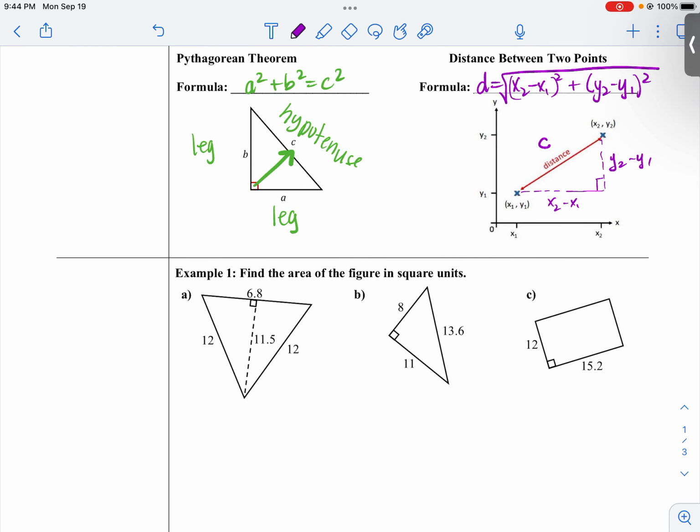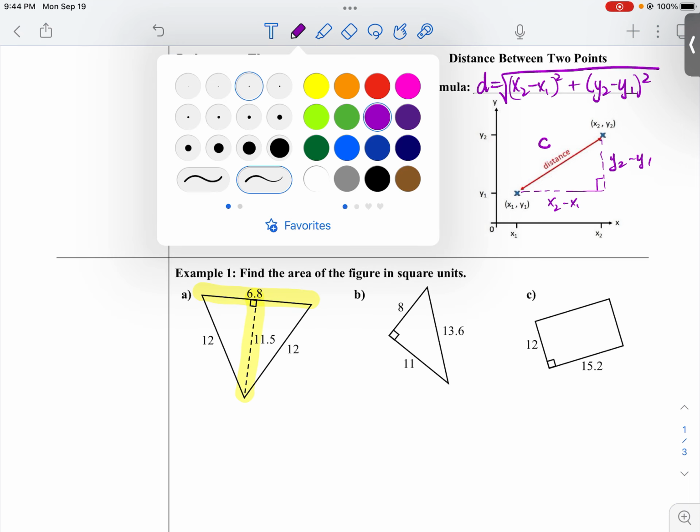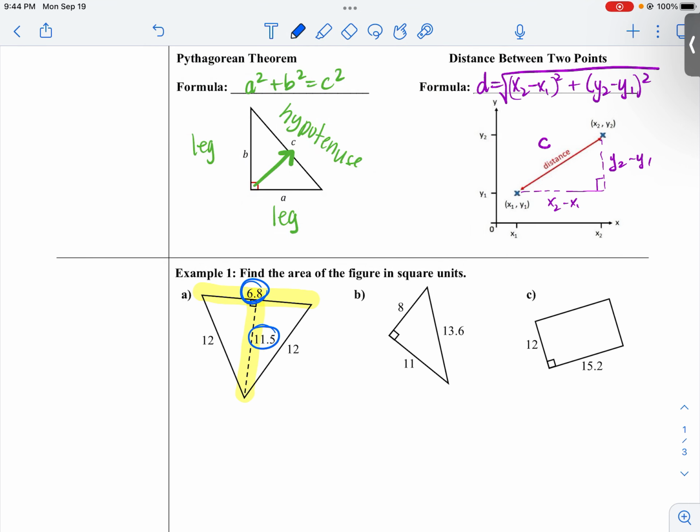All right, so let's do some basic triangle area problems and one rectangle. So I've got a bunch of numbers in example A. The ones that I'm worried about are the base and the height. That means that I need to pay attention to this number and this number. So area equals half of 6.8 times 11.5. That's 3.4 times 11.5.